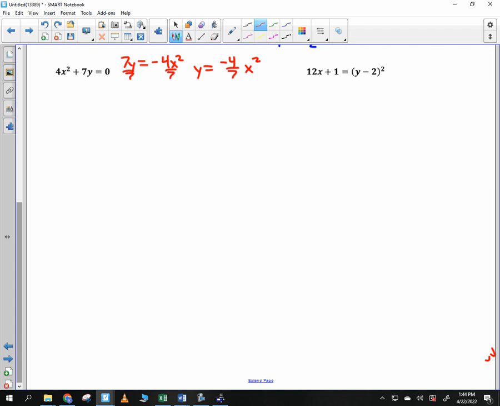All right, let's go: direction, vertex, axis of symmetry, focus, directrix, length of the latus rectum.